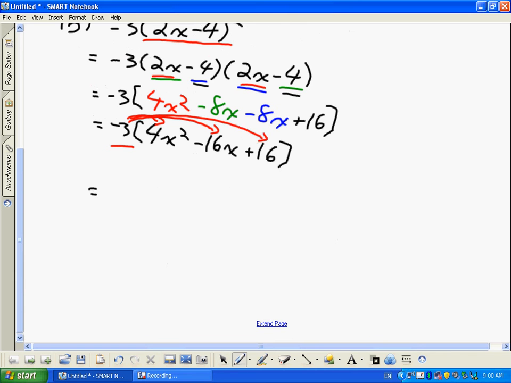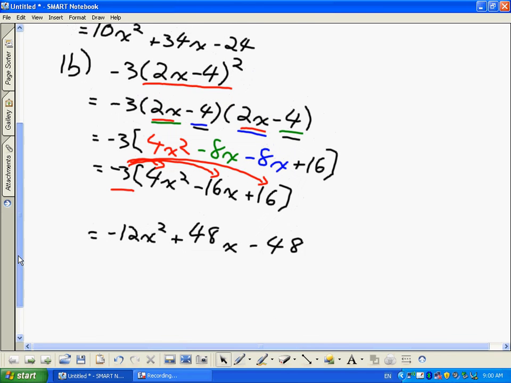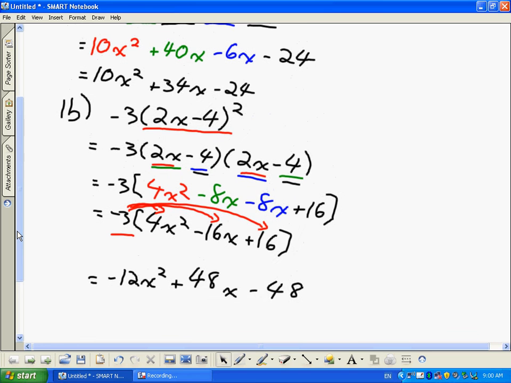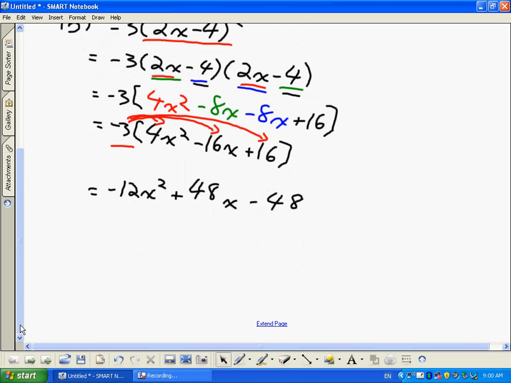So, our final answer, negative 3 times 4x squared, and negative 48. Your final answer should have been negative 12x squared plus 48x minus 48. Okay? Once again, if you got that, come show me at the end. We can change what I gave you if it's wrong.